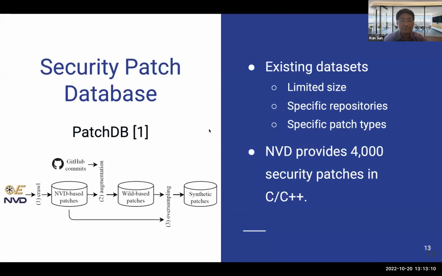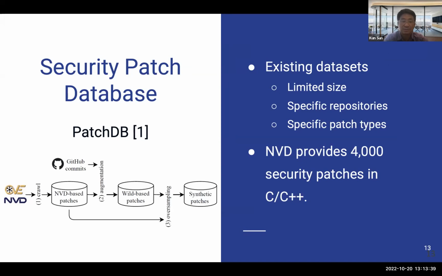When we started working on this project, we checked whether there is an existing security patch database. We found some, but they have a very limited size, just 1,000 security patches. They also only focus on one or two specific security repositories, and they have specific patch types.